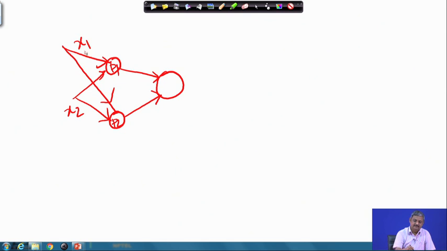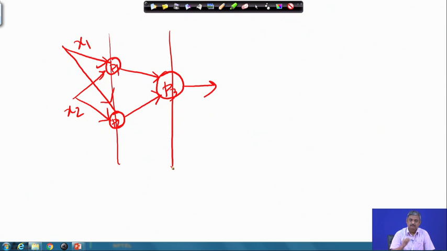Earlier, the output of the single perceptron was the output. Now I have two perceptrons whose outputs go to the third perceptron as input, and the output of the third perceptron is our actual output.